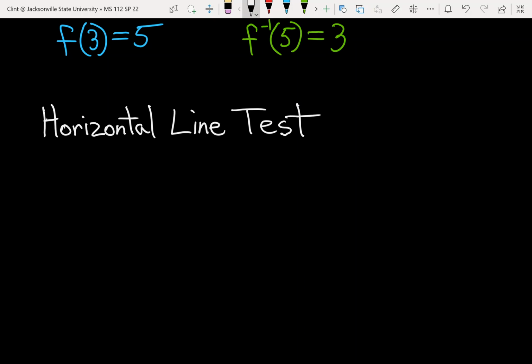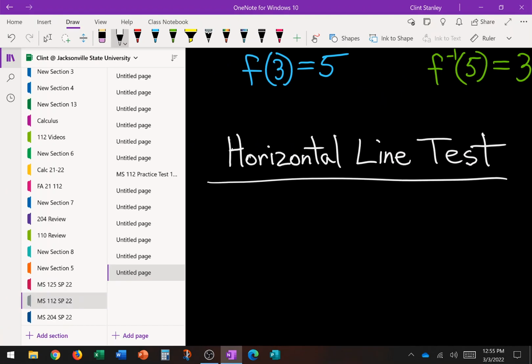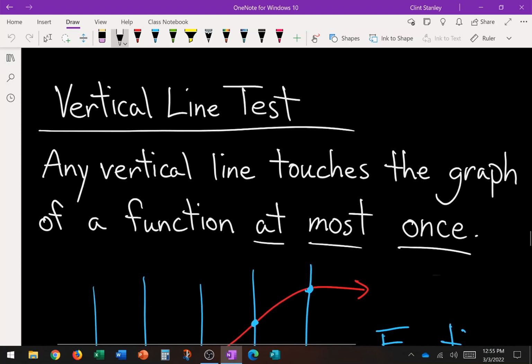The vertical line test says that if we have a function, then no matter where we draw in a vertical line, it can only touch our graph at most once. So if we can draw in a vertical line somewhere that touches our graph more than once, we know that's not a function.